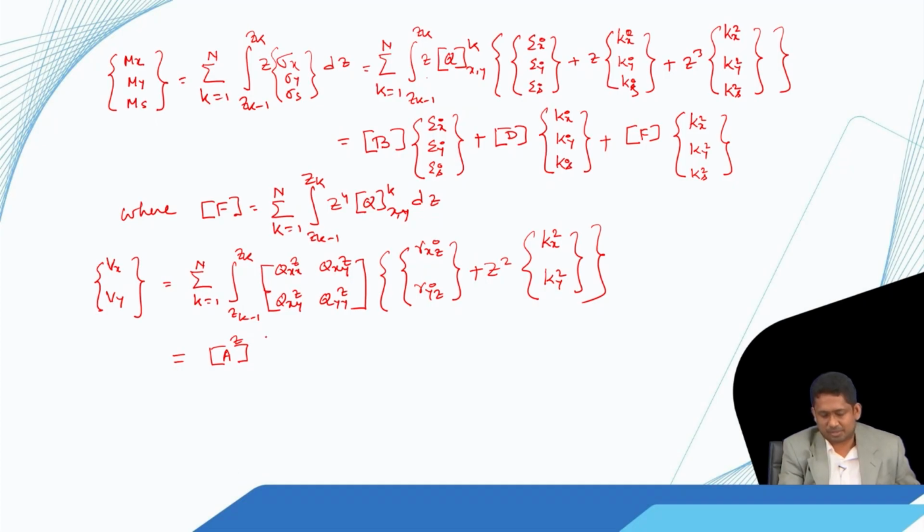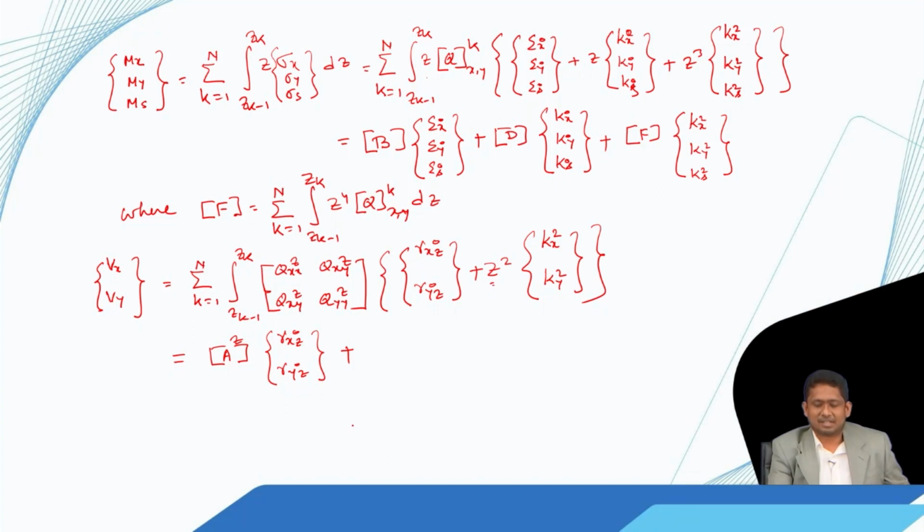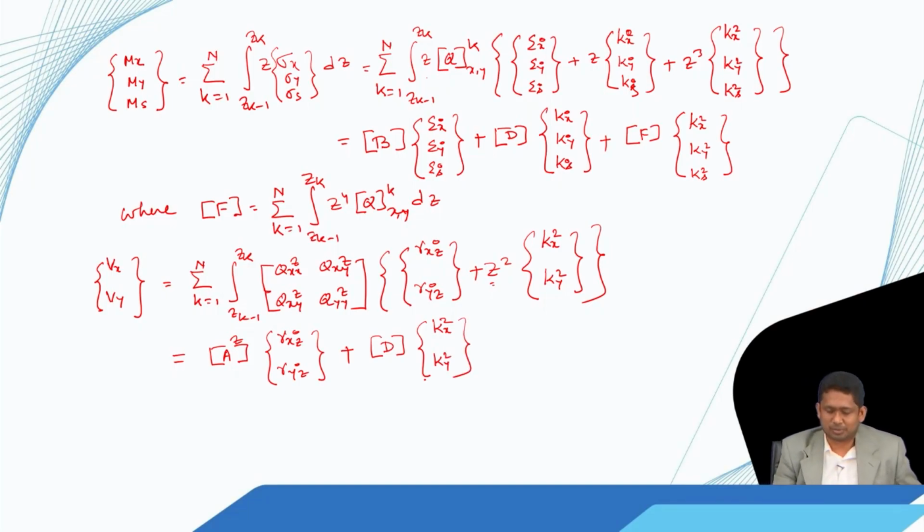So, we have a superscript z, we already saw this, and this we multiply with the vector gamma xz0, gamma yz0, and plus we have a new vector z square multiplied by this Q matrix, I mean qz, integrated and summed up, and this we call D matrix. D matrix gets multiplied with kappa x2 and kappa y2, the vector of that.